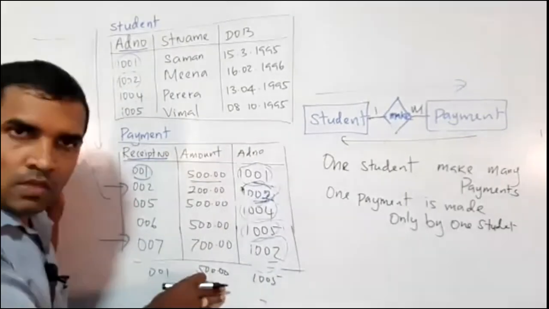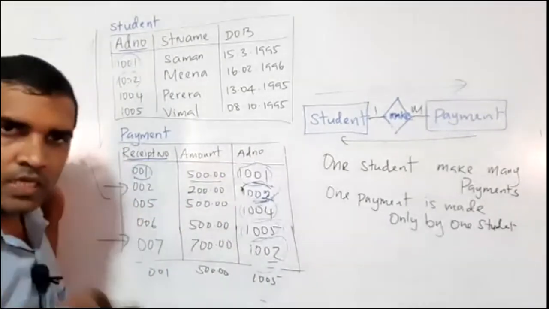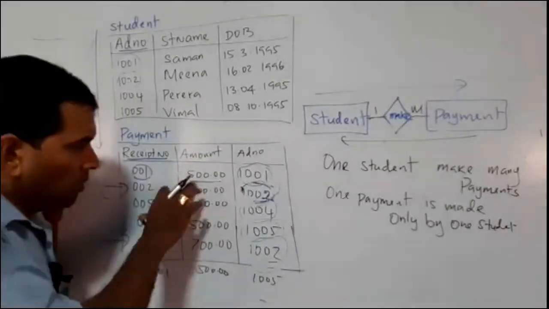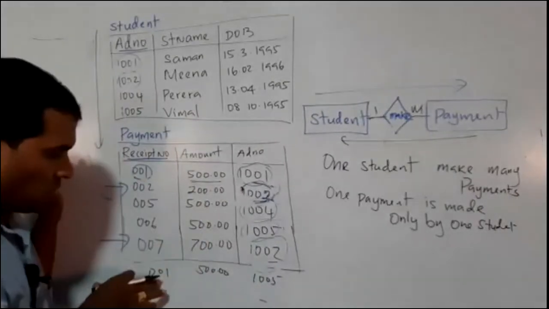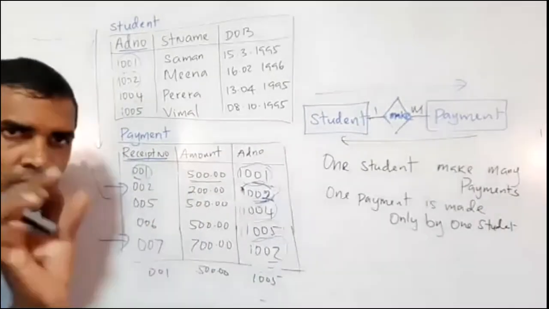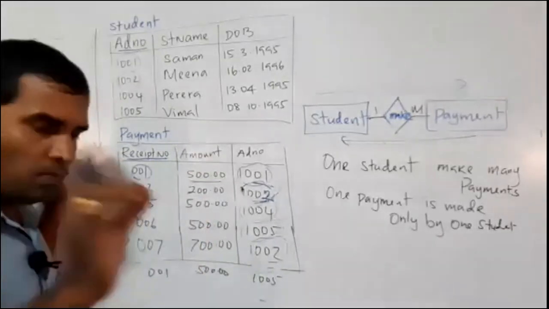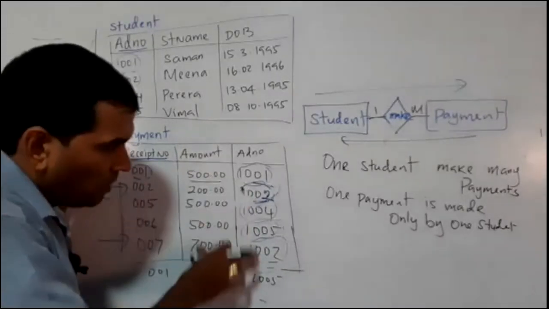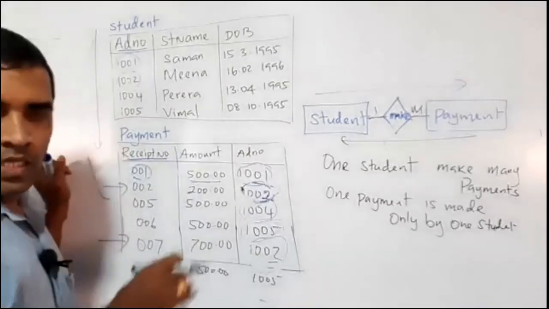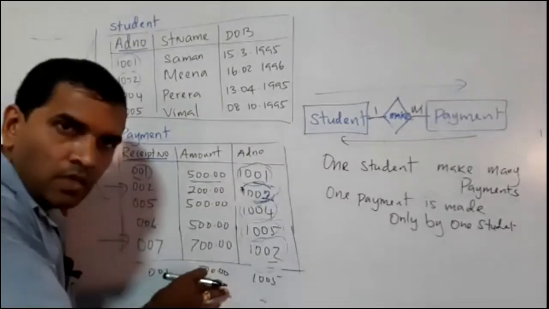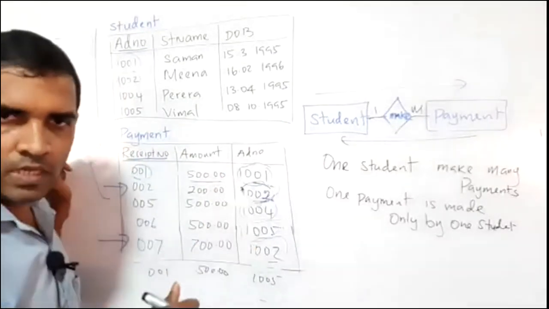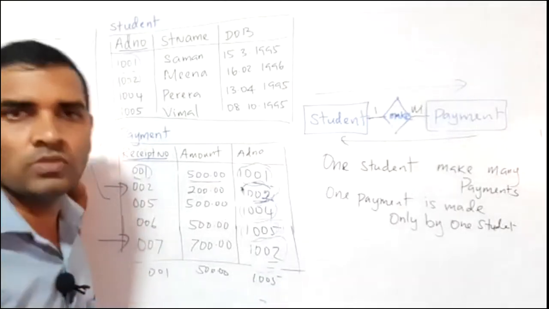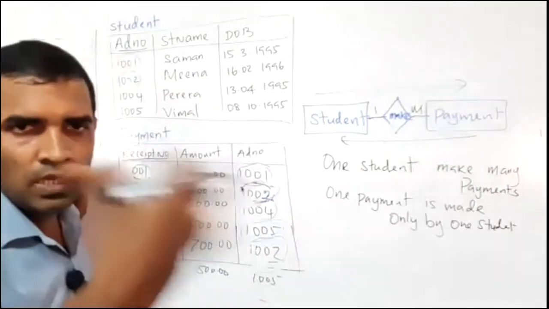If this happens, it means one payment of 500 rupees is made by 2 students. But it never happens in this table. You can't argue that one payment is made by a group.